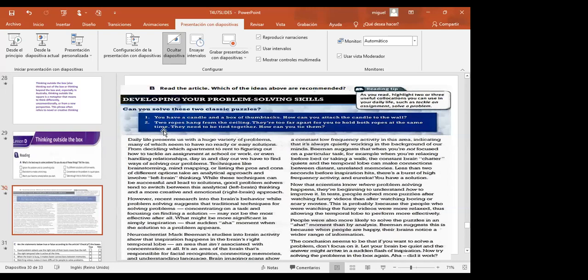Just picture the 2 ropes hanging from the ceiling. They are too far from each other. So you need to tie those ropes. They have to be together. How can you tie those ropes?